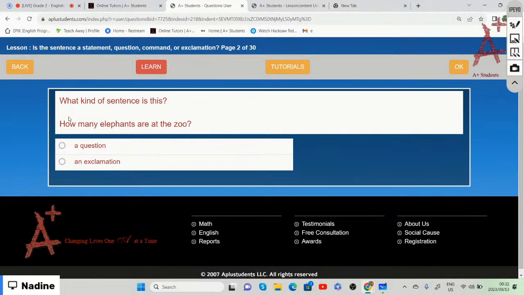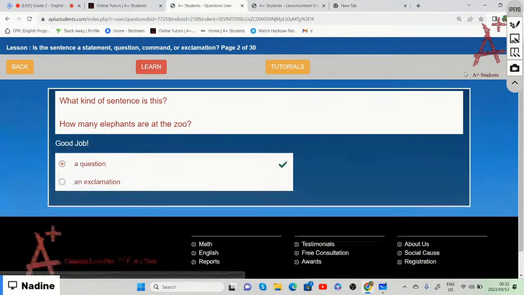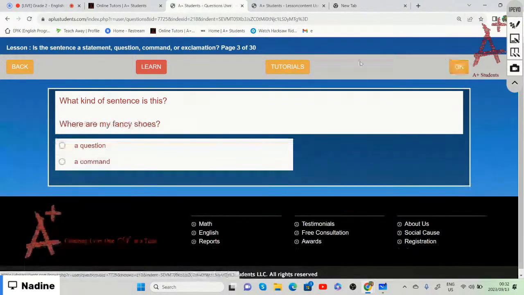Are we asking a question or are we showing strong feelings? In this case, it ends with a question mark, which means that we are asking a question.